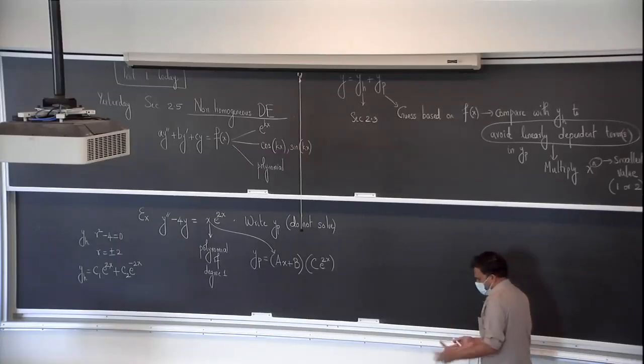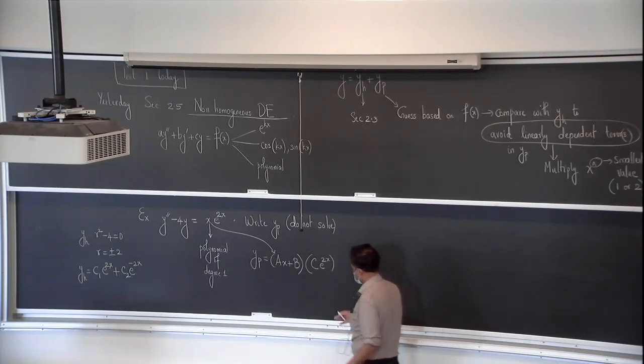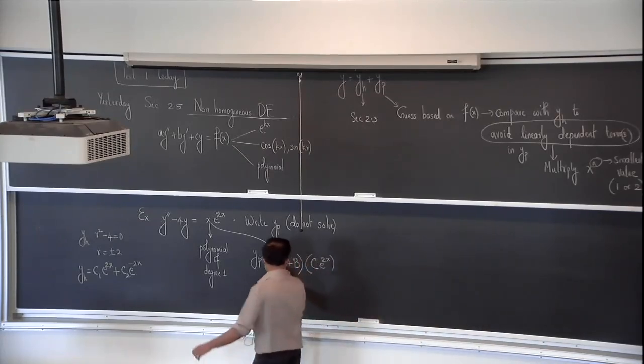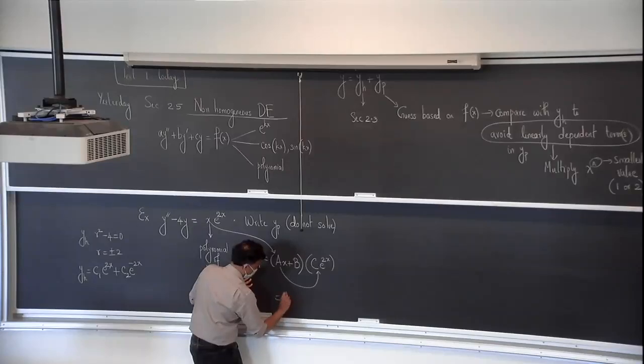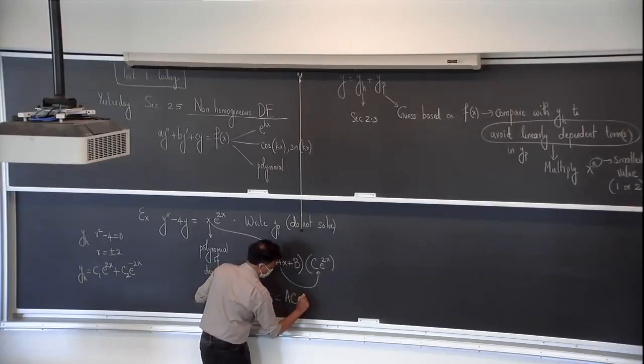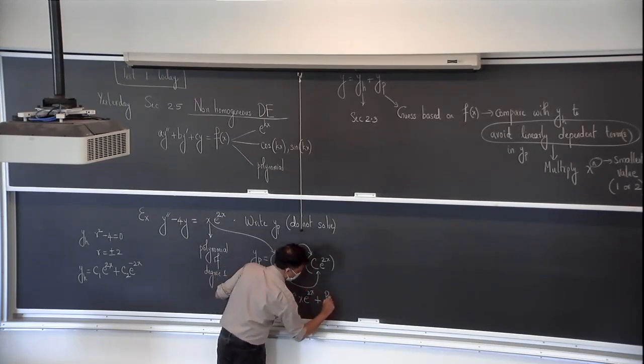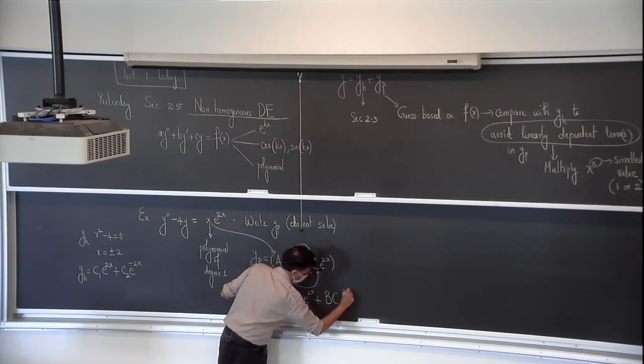The only extra thing you have to do if there is a product is to manage your constants carefully. So if you just multiply this out, you have a times c x e to the power of 2x, plus b times c e to the power of 2x.